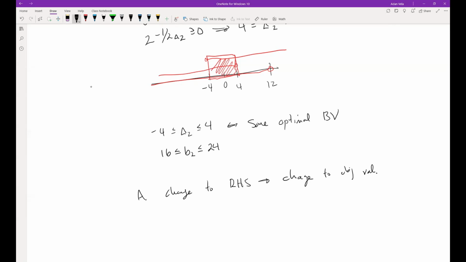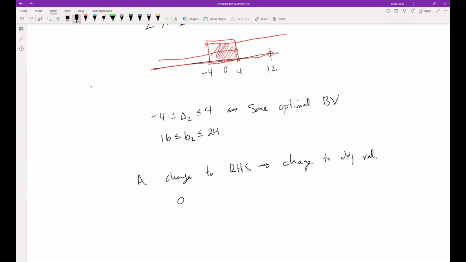Because we know the optimal objective value is equal to CBV times B inverse, and in this case, we're going to plug in B prime. So whatever this new B prime is, we can figure out how that adjusts our optimal objective value.